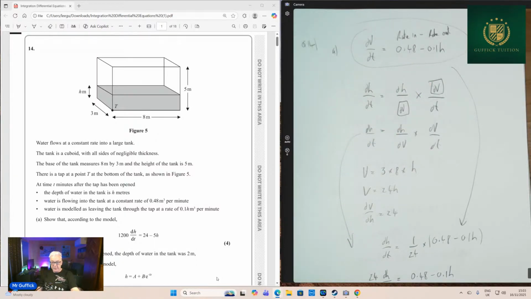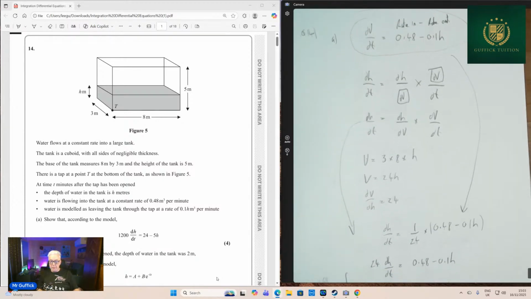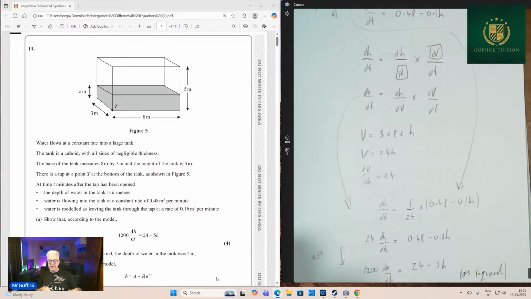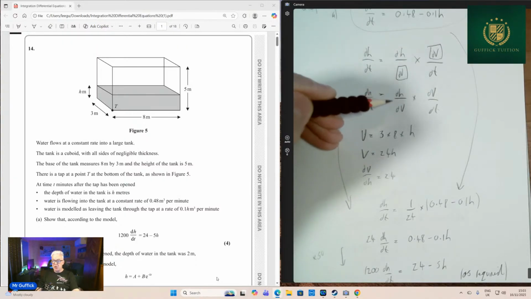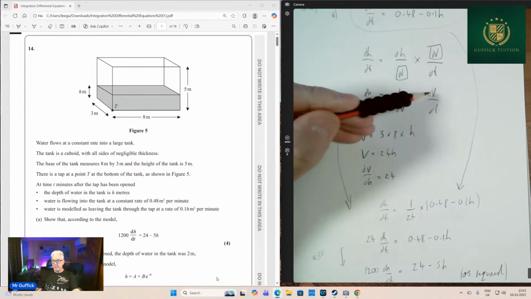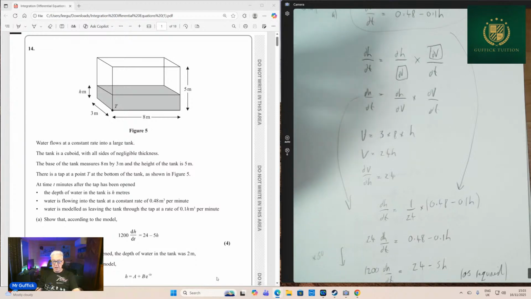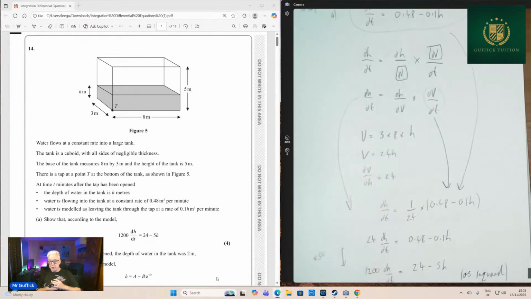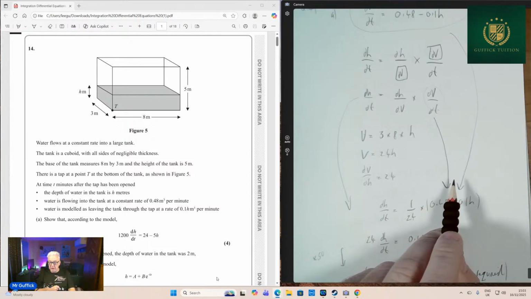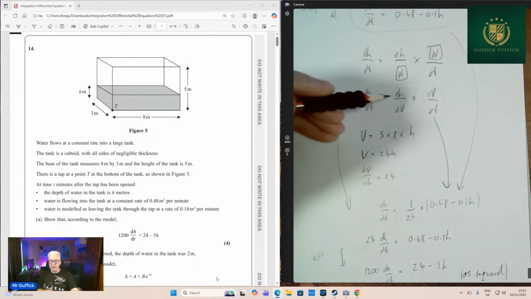So now we've got the connection we need: dh/dt is dh/dV times dV/dt. We already know dV/dt because it's the rate at which the water is pouring in minus the rate at which it's pouring out. So we just need to find a way to get dh/dV.